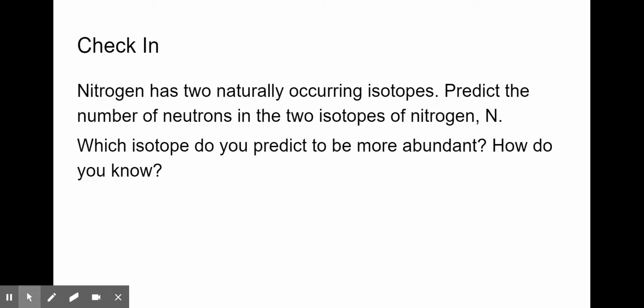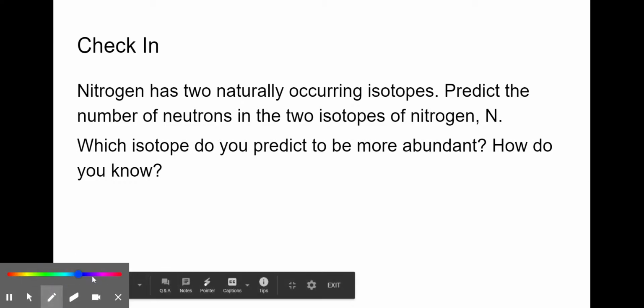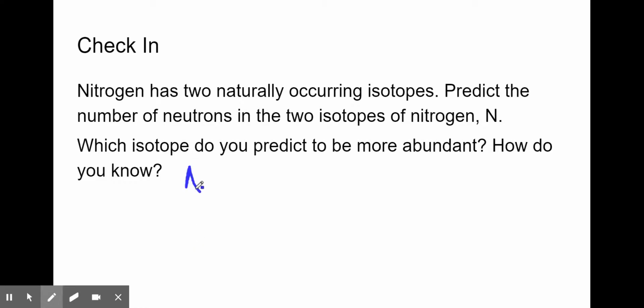All right, so let's do a little check-in question. Nitrogen has 2 naturally occurring isotopes, okay? Predict the number of neutrons in the 2 isotopes of nitrogen. Which isotope do you predict to be more abundant? Okay, so some things we want to do. Okay, nitrogen, I'm going to put A, which is going to represent my atomic number.